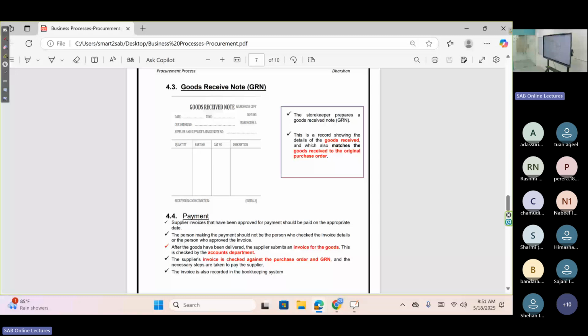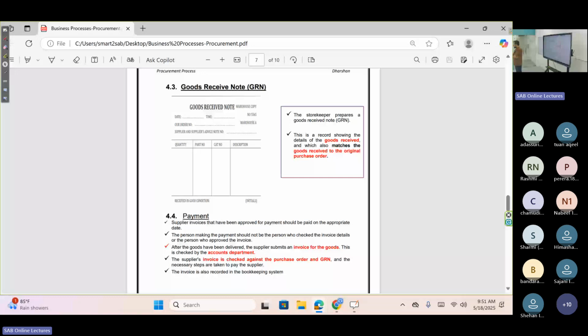What are those? Sales order, dispatch note, invoice. So what we have ordered, whether we have received, and what we have paid, whether we have received.